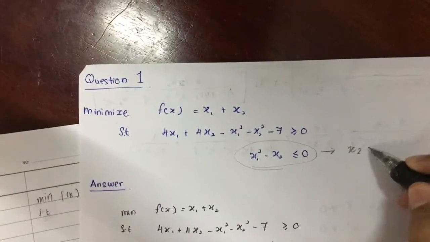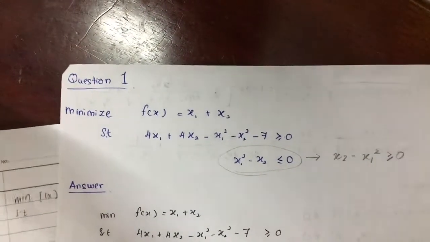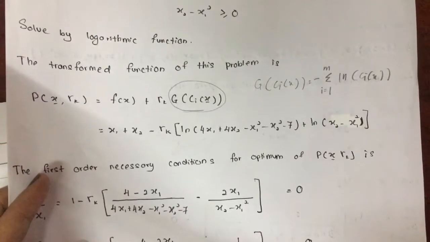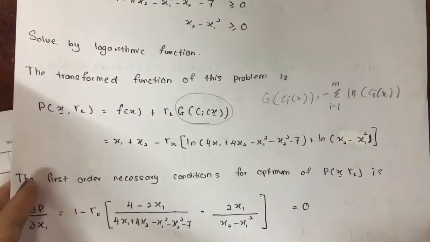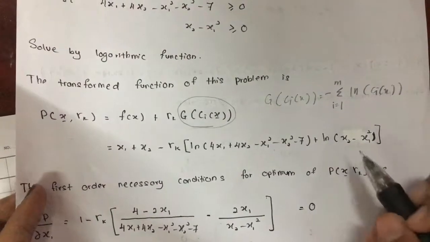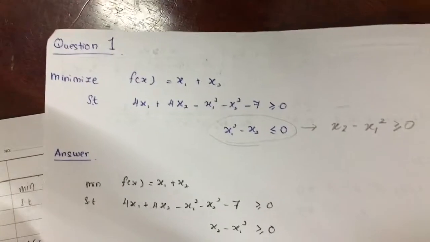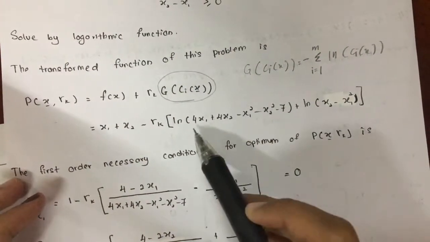So x2 minus x1 squared is more than 0. It is easier when we get one constraint only, but this question has two constraints. So how to get this one?